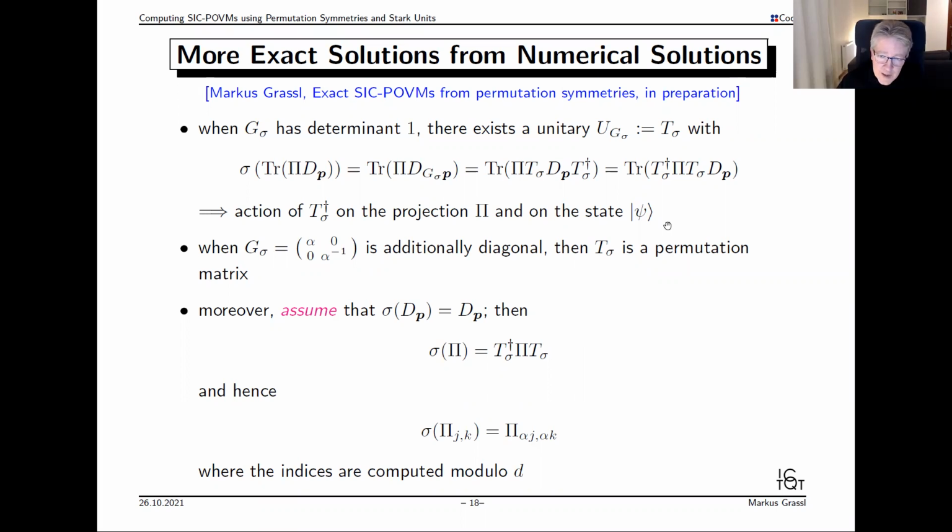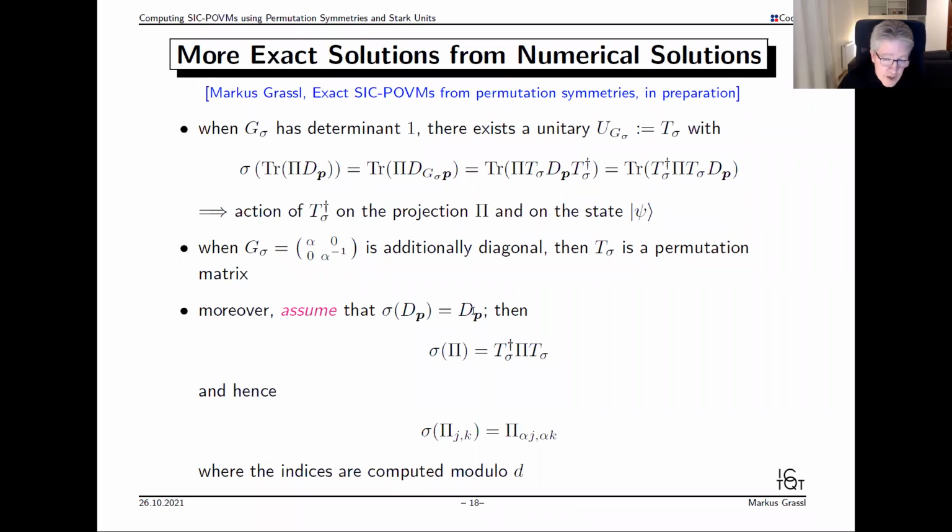So we have some permutation acting on our fiducial vector, but still it's only inside of the trace. So for the moment, just make a bold assumption and say that applying the Galois automorphism to our Weyl-Heisenberg element, the displacement operator, leaves it invariant.